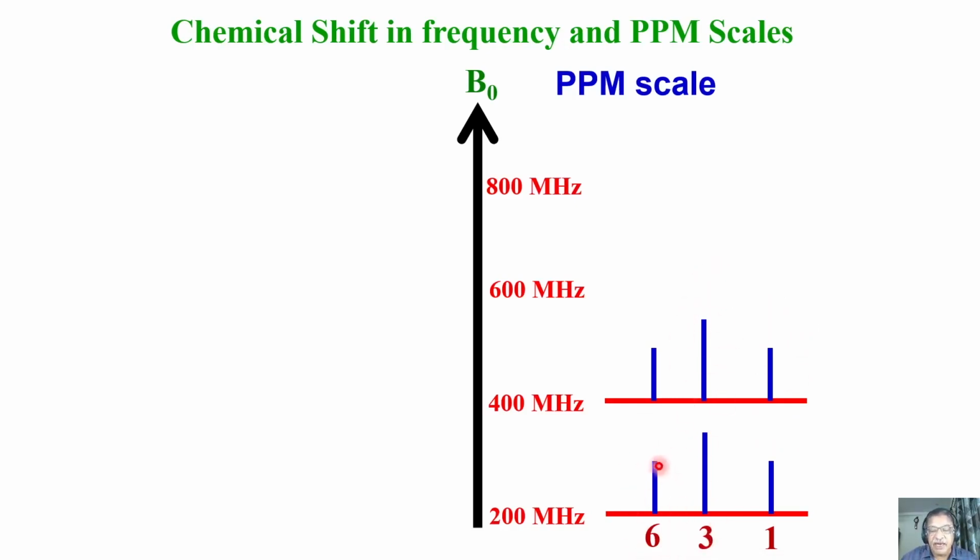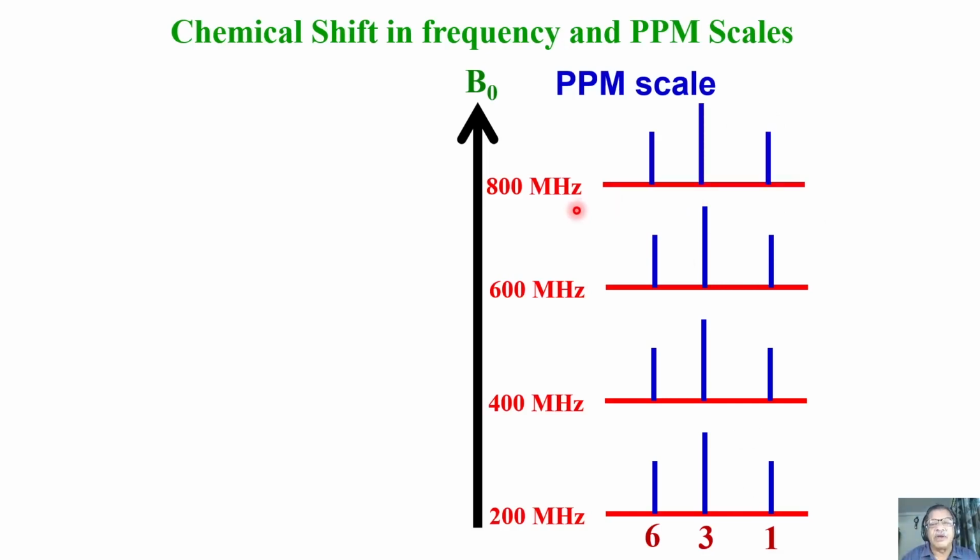Similarly, the peak at 6 ppm remains the same at 400 megahertz. Go further. At 600 megahertz, higher frequency, that is a better spectrometer. See, when I plot in the ppm scale, it is not changing at all. The same 3 peaks always come at the same ppm values. Go to 800 megahertz, exactly the same.